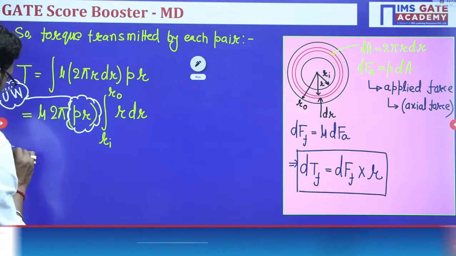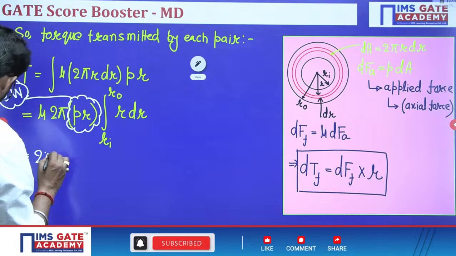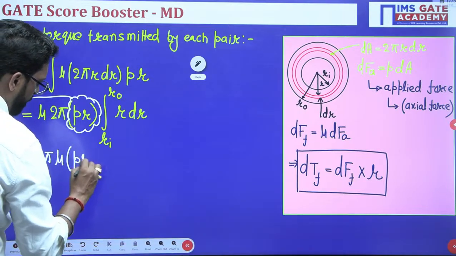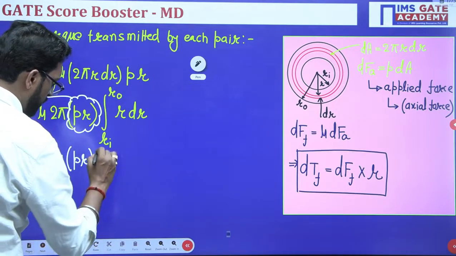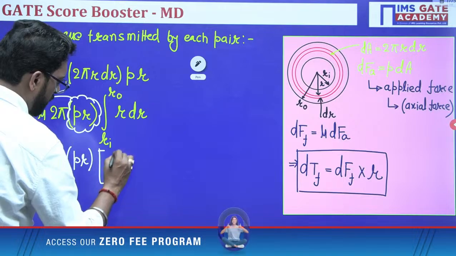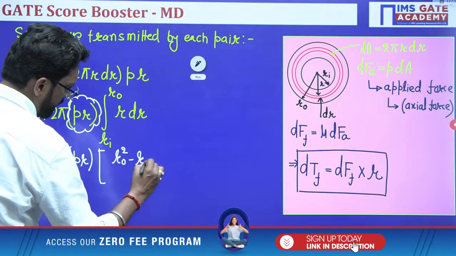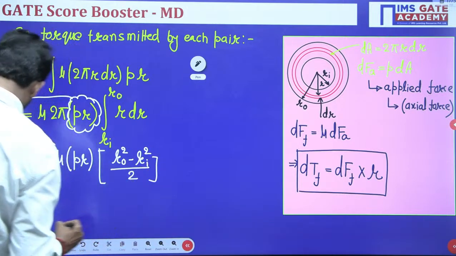So, this torque T is equal to 2 pi mu P r, the integration you have to remove. Now, this is your Ro square minus Ri square by 2.